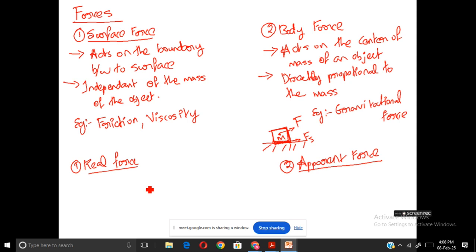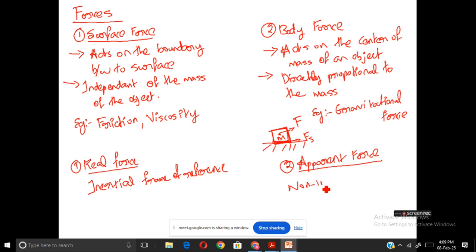And apparent forces generally occur with respect to a non-inertial frame of reference. A non-inertial frame of reference is one which is moving at a uniform acceleration, which is basically an accelerated frame of reference. So real force generally occurs in an inertial frame of reference, which is at rest or in uniform motion.